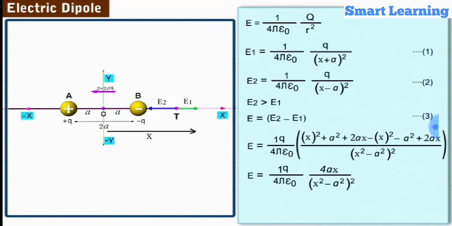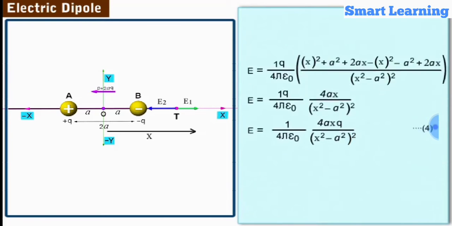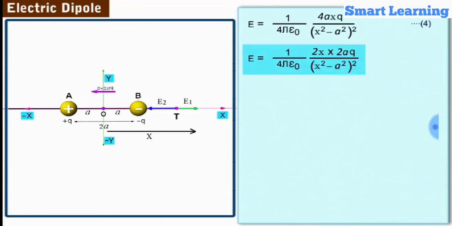Substituting the values of E2 and E1 and simplifying, we get the expression for the electric field strength E as 1 by 4 pi epsilon naught into qx by (x square minus a square) whole square. Let us label it as equation 4. On further solving equation 4, we get E is equal to 1 by 4 pi epsilon naught into 2x into 2aq by (x square minus a square) whole square.